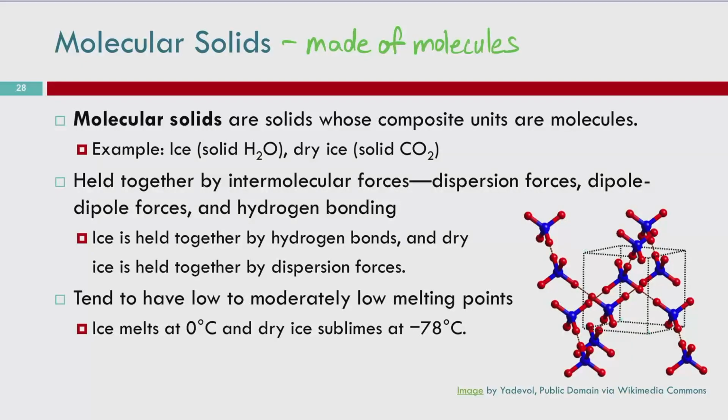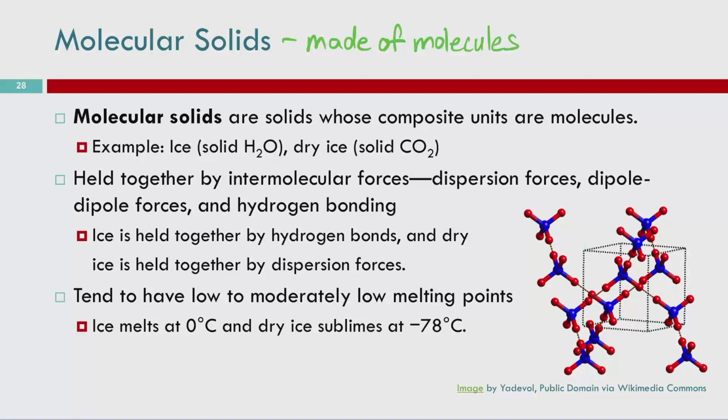So we're thinking things like ice, dry ice, both things that are nice and crunchy. And these are held together by intermolecular forces: our dispersion forces, our dipole-dipole forces, and our hydrogen bonding. Ice is held together by hydrogen bonds, our strongest intermolecular force. Dry ice, which is carbon dioxide, is held together by dispersion forces.